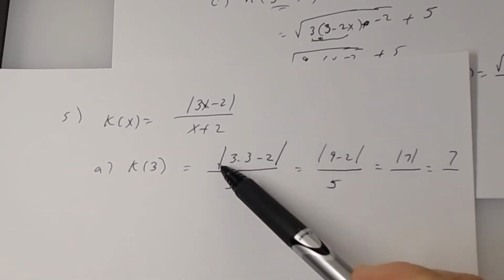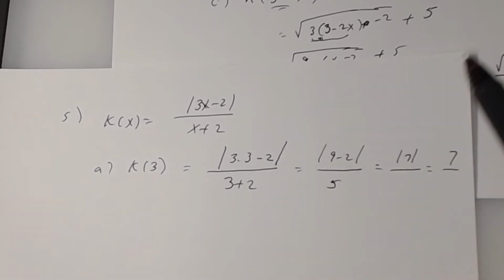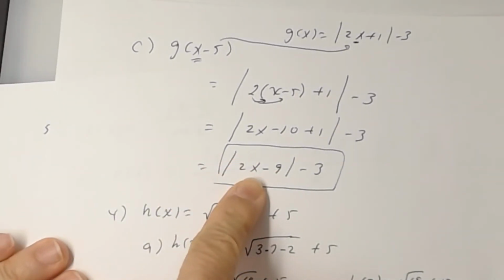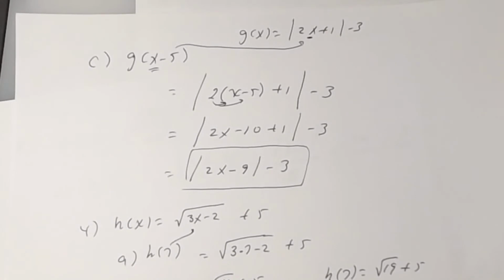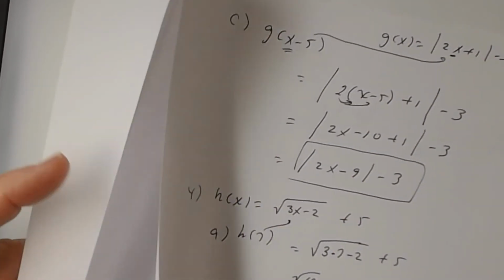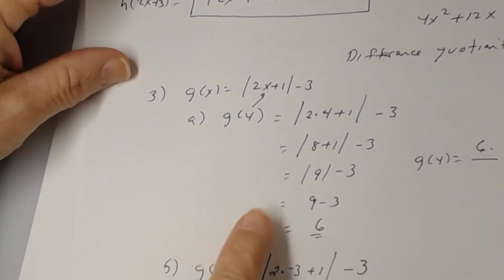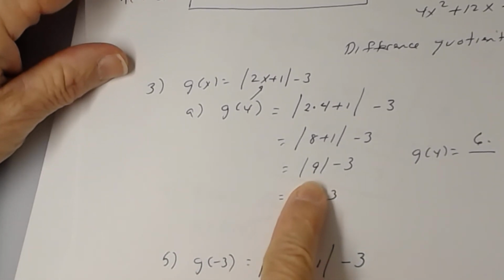But the numerator has an absolute value bar. So let's see if we can go further with it. Let's see if we can get rid of the absolute value bar. In letter C, I could not. In part B, I could have, because I'm taking the absolute value of 9, right?